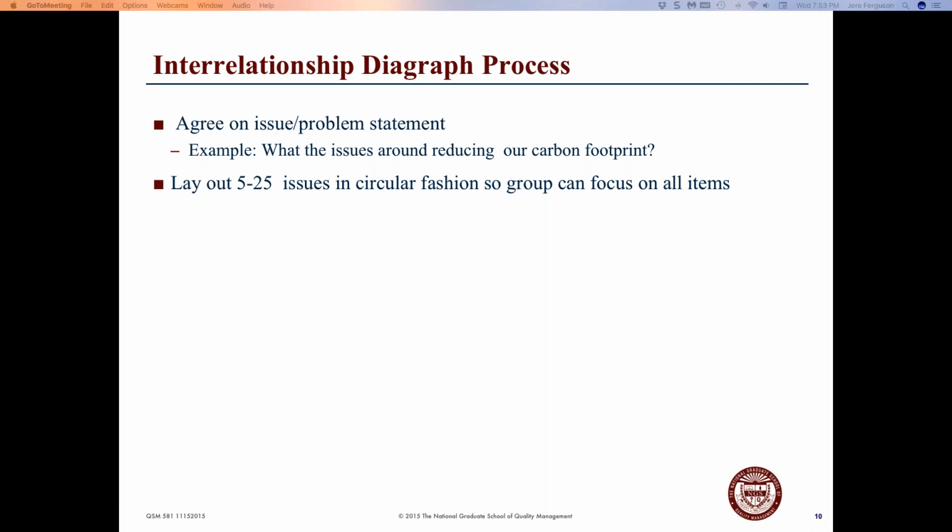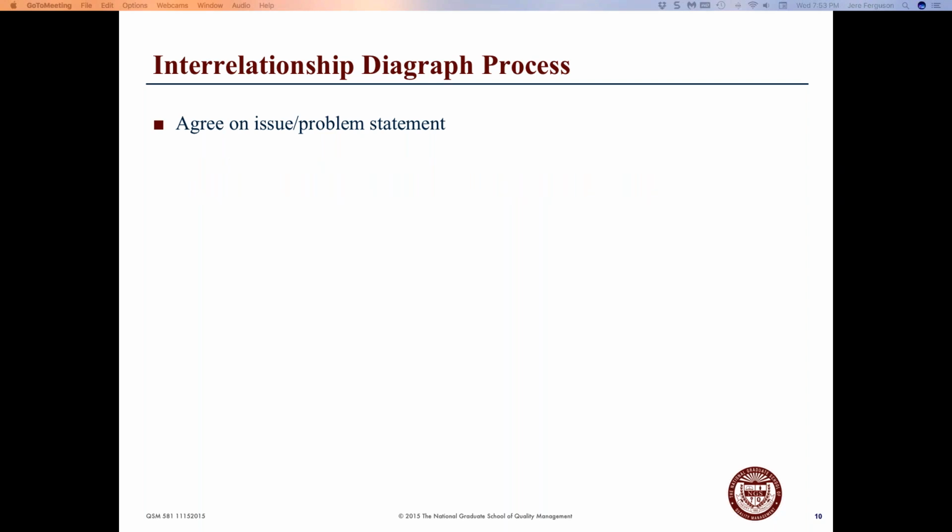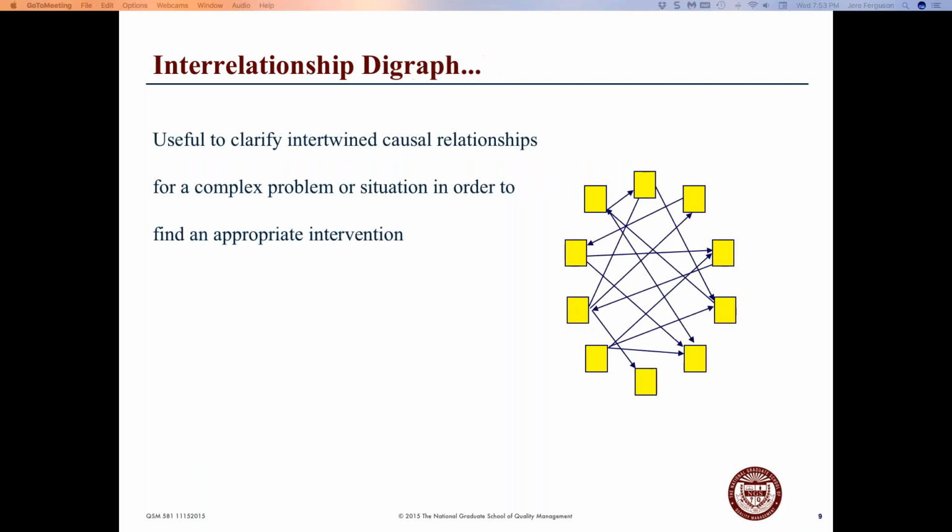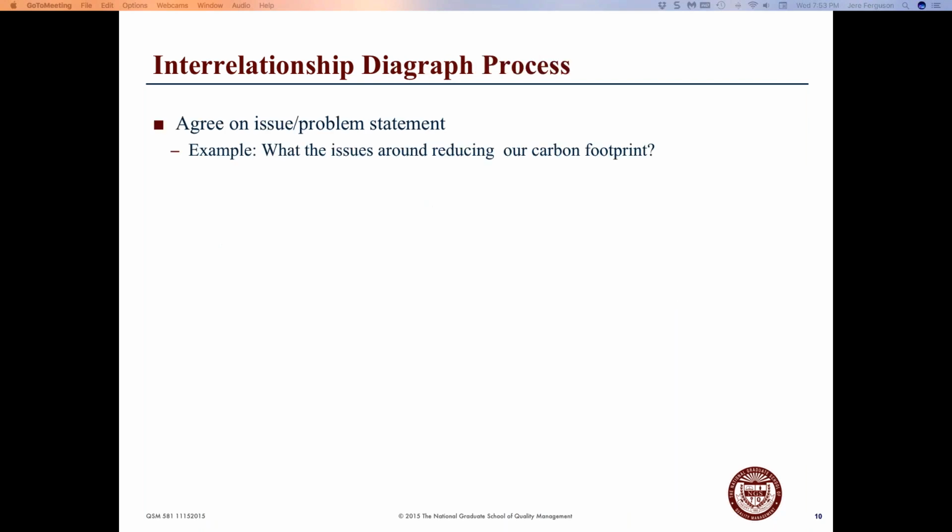As you brainstorm and come up with all of the different factors or issues that pertain to carbon footprint, that's what these yellow squares are. Forget the lines. Each of the yellow squares in this diagram represents one of these issues.